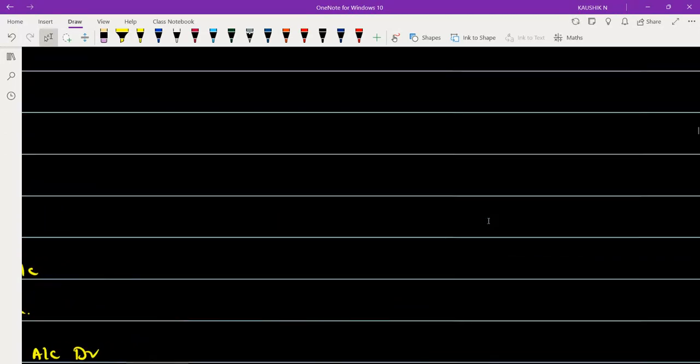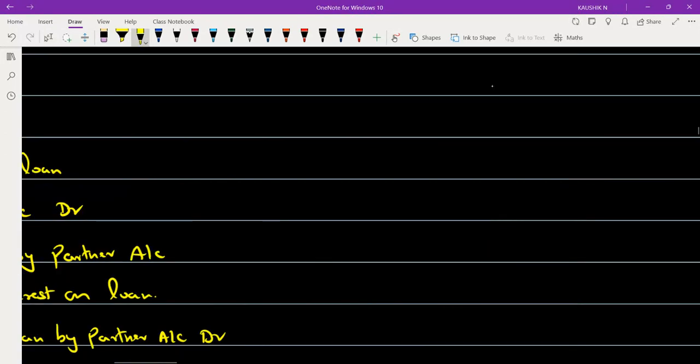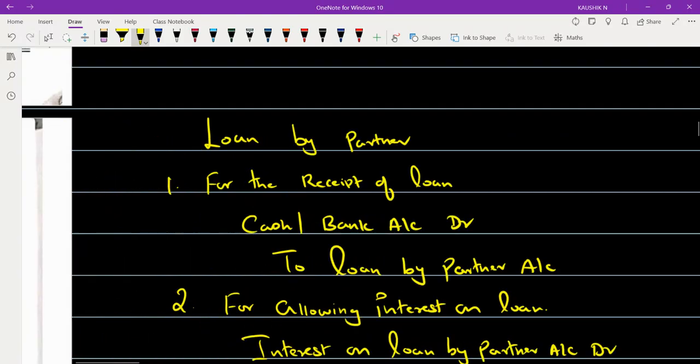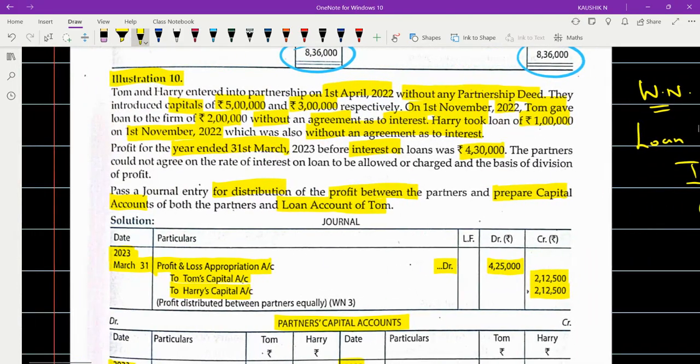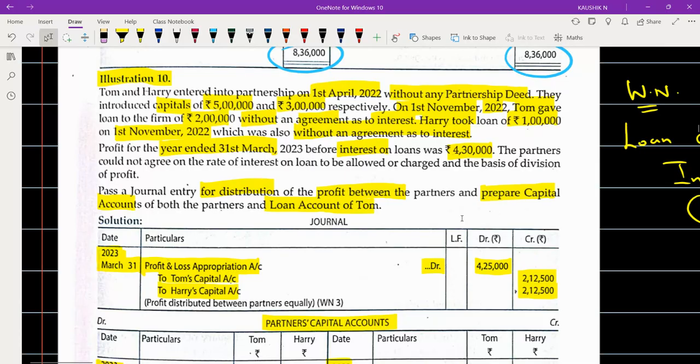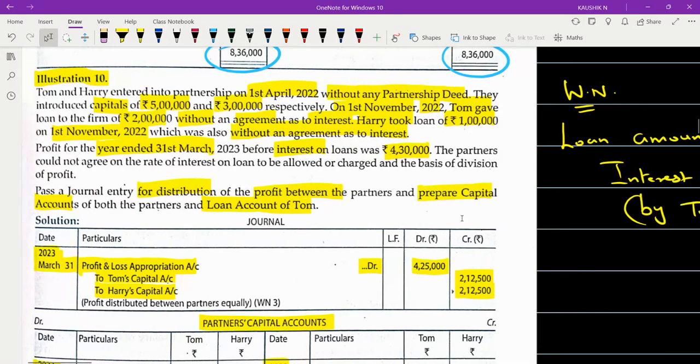Now the question is to prepare an account called loan by partner account. In this case, who has given the loan? That is very important. If you read the question, you'll come to clarity. Who has given the loan among the two partners? Very good.